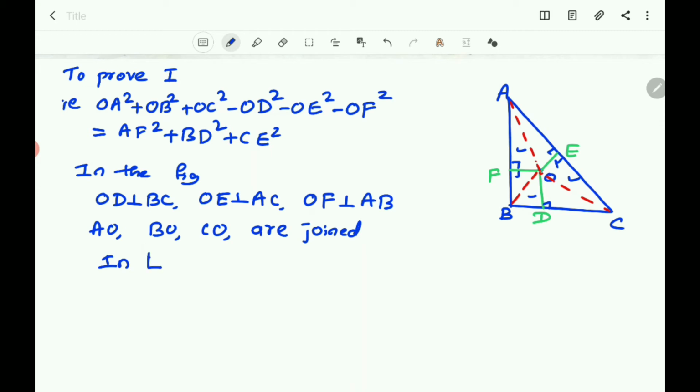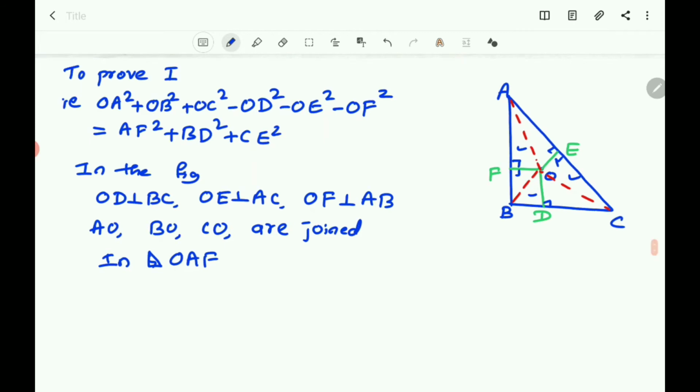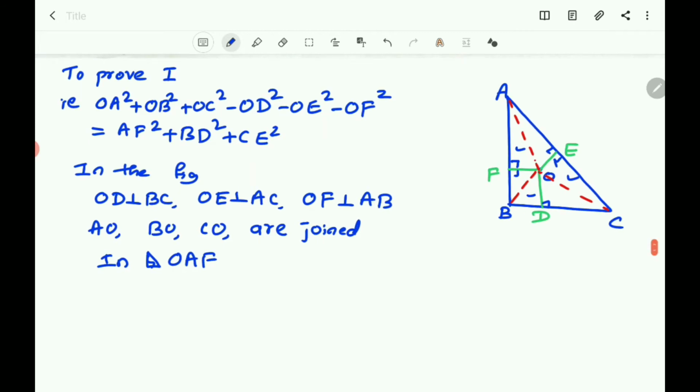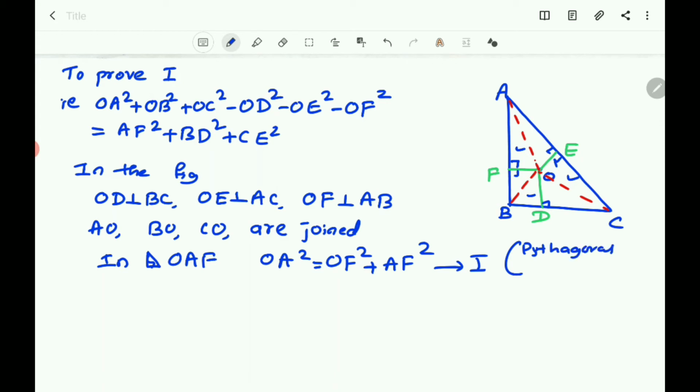In the right angle triangle OAF, OA is the hypotenuse. You know that OA square is equal to OF square plus AF square. Consider this as first. The reason is the Pythagoras theorem.